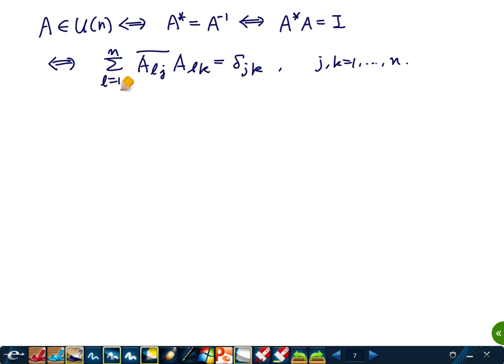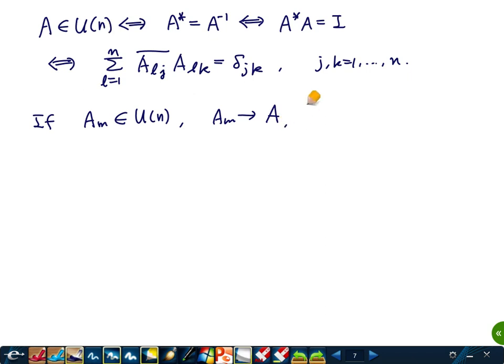Now that we know this equivalent definition, let's see what happens if we have a sequence of unitary matrices A_M, and A_M approaches A. We want to know whether A is in the unitary group, or if it's not invertible.